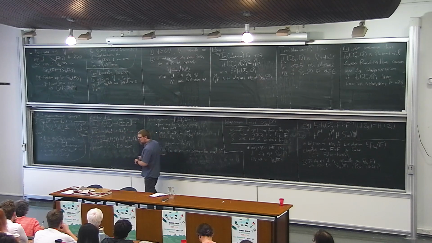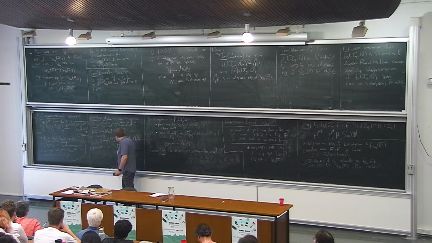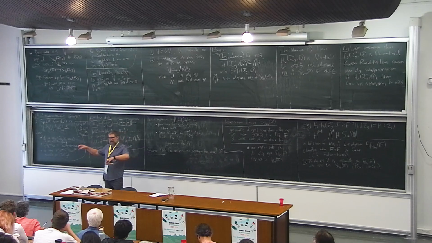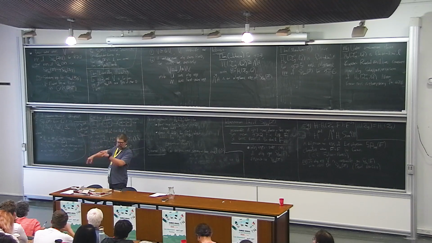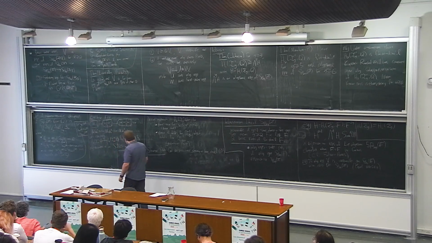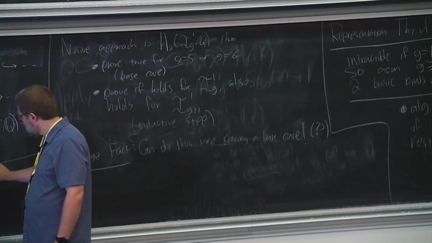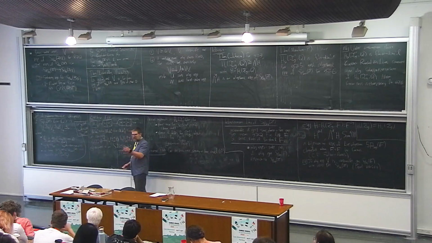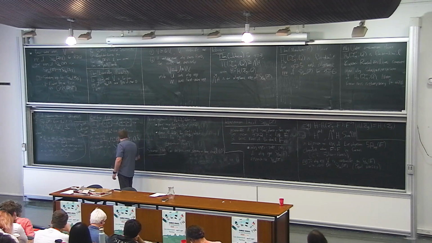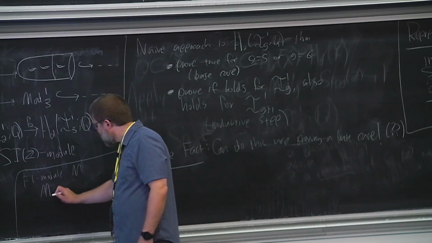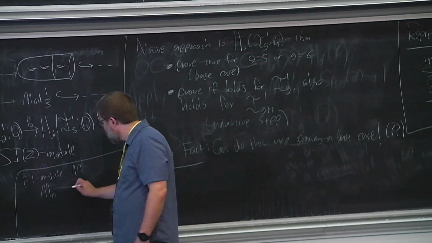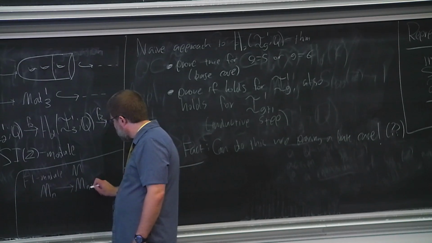let me see, do I have someplace I can write this? It corresponds to the fact that these things commute on the level of symplectic groups, right? So the FI statement is easier to understand. If you have an FI module, I think that's a language we have in common. Let's say we take the map from M sub n to M sub n plus 2.